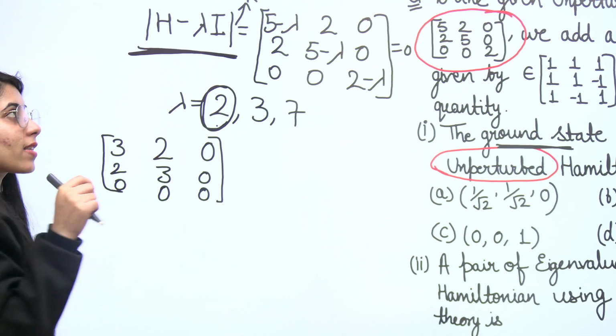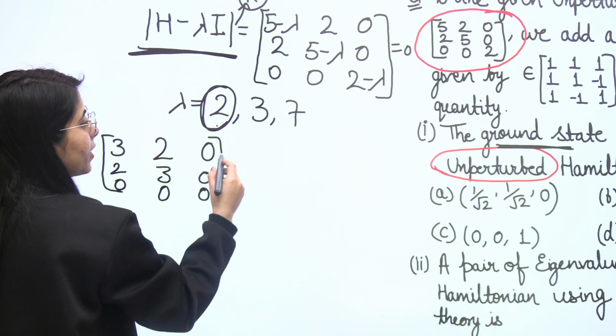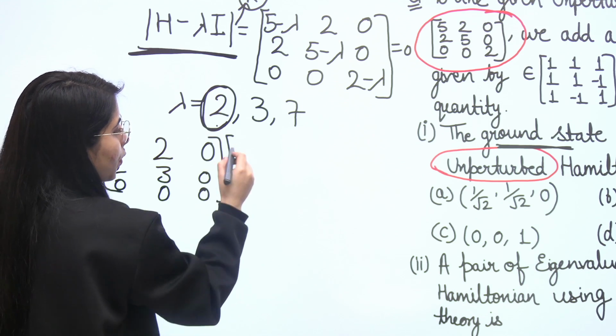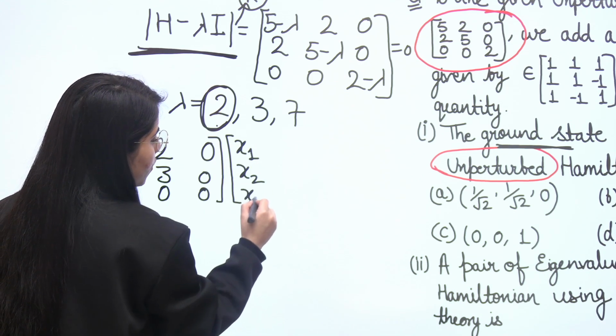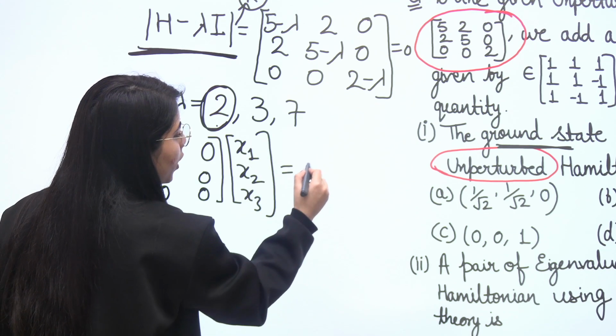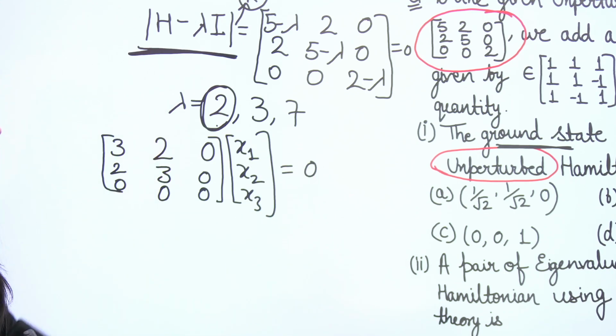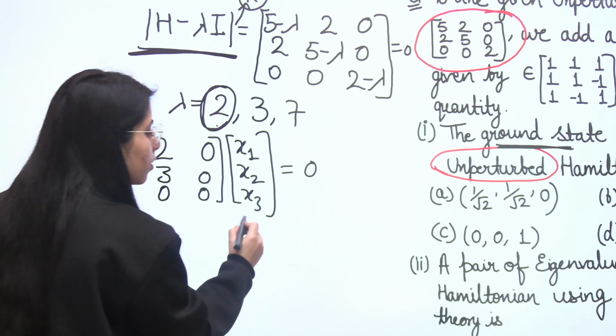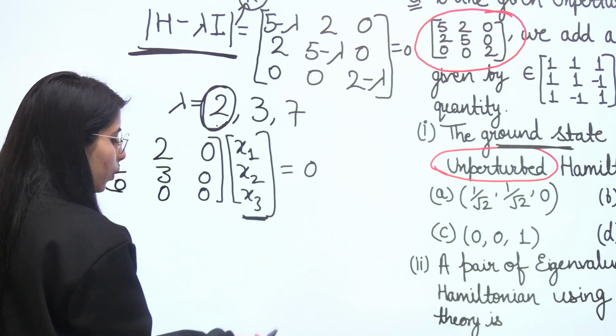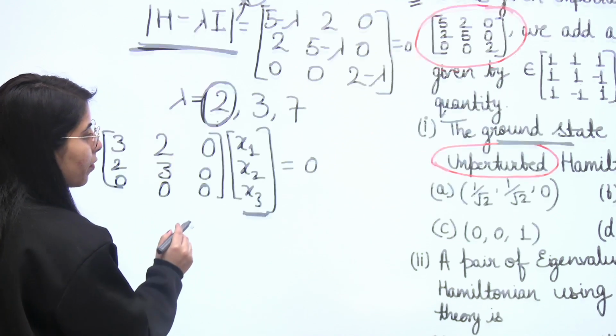And what is that x? That is the column matrix having the elements x1, x2 and x3, and it is equal to 0. This is how, by multiplying the matrix with one column matrix, you will now be able to find the eigenvector.